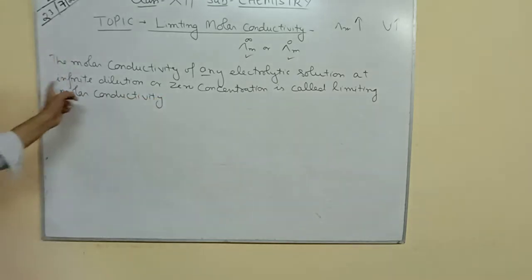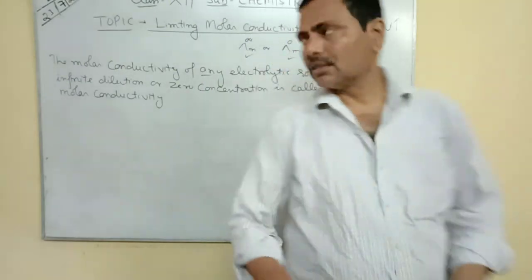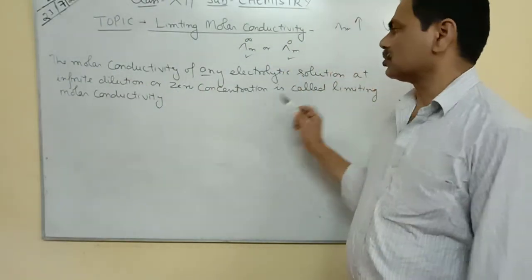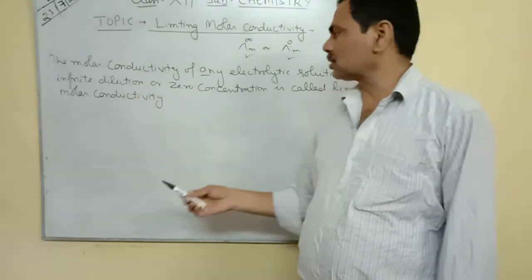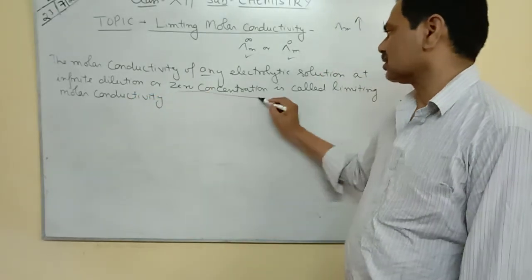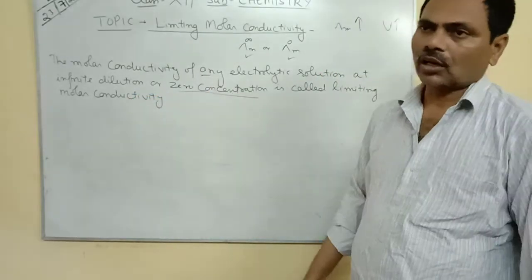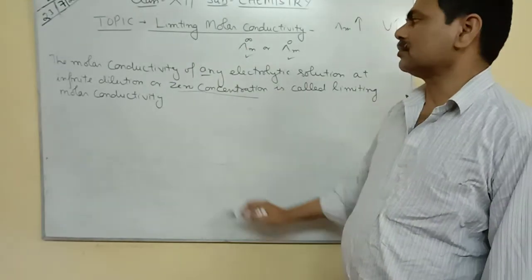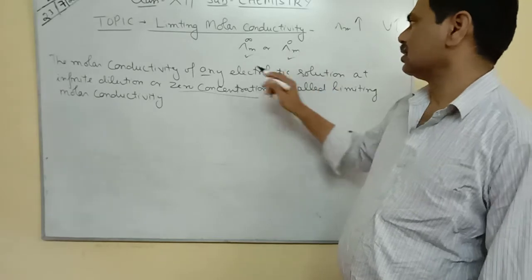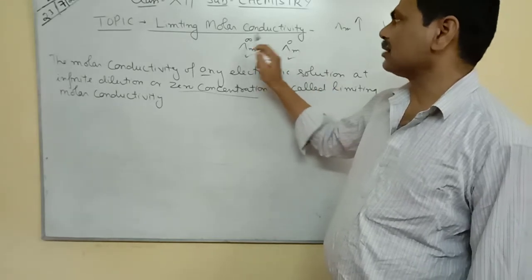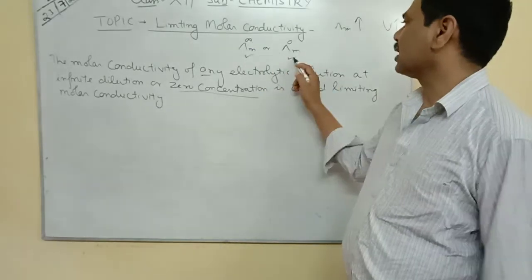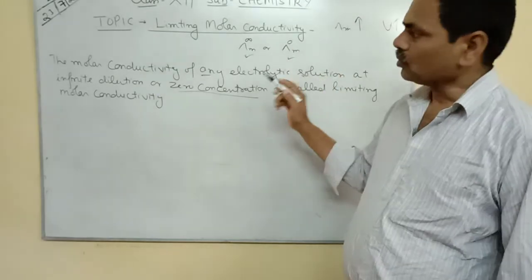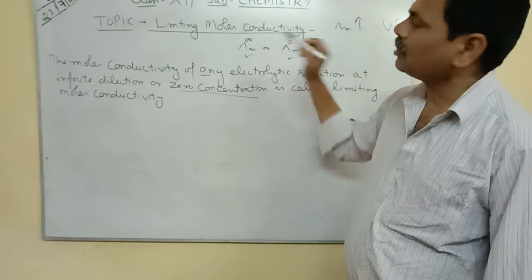This is the definition: the molar conductivity of any electrolytic solution at infinite dilution or zero concentration, when the concentration is zero or dilution is infinite, is called the limiting molar conductivity and is denoted by this symbol or this one. Both are called the limiting molar conductivity.